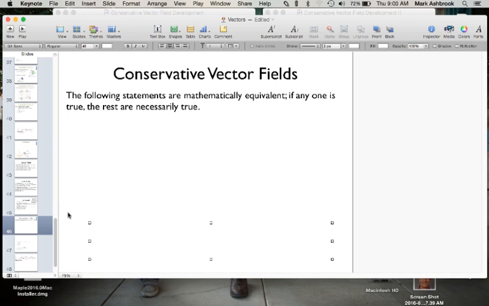Negative 735 times the z coordinate, 0.98, minus the potential function evaluated at point A, which would be negative 735 times 0.01. Exact same thing.